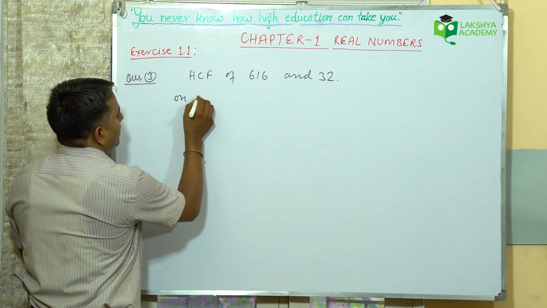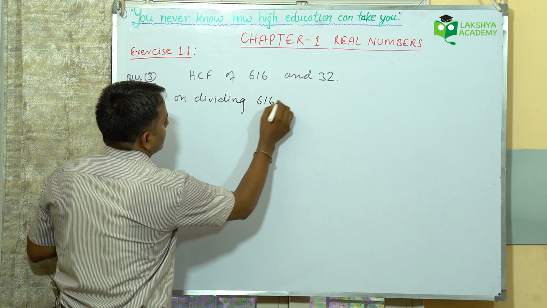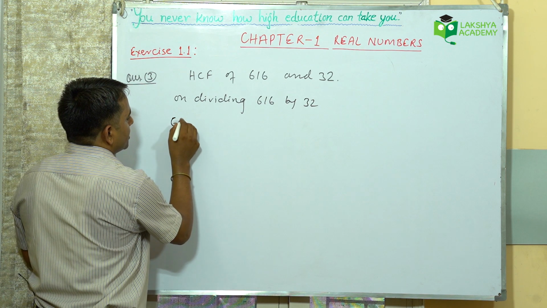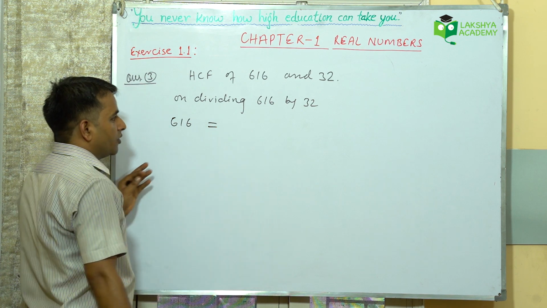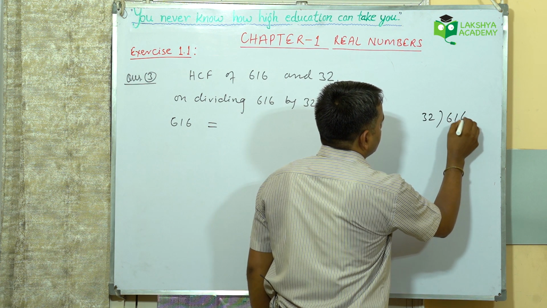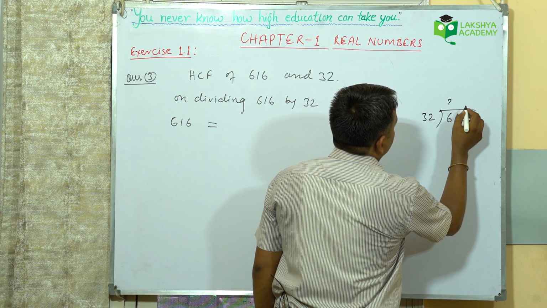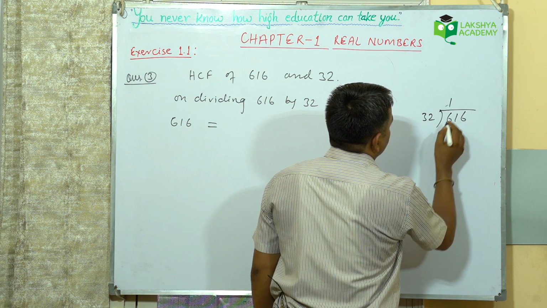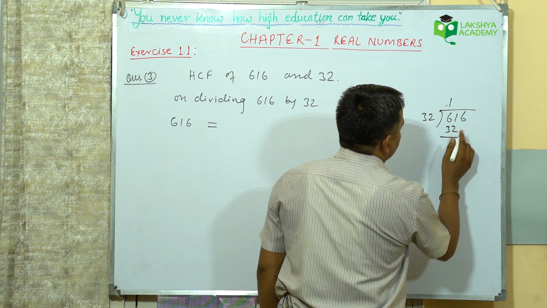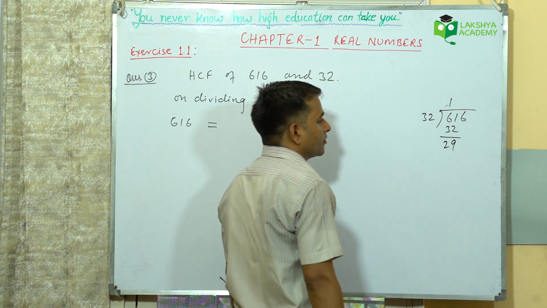So on dividing 616 by 32, this will go one time, 32, 11, 2, 9, 5, 3, 2.